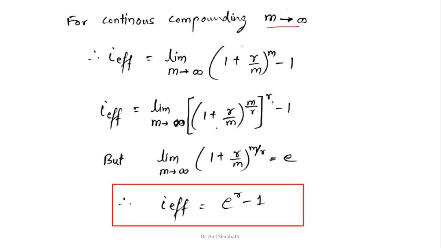So we know this limit is nothing but the value of e. So I effective is nothing but e raised to r minus 1. This is applicable only when it is a continuous compounding problem, and I want to find the interest.